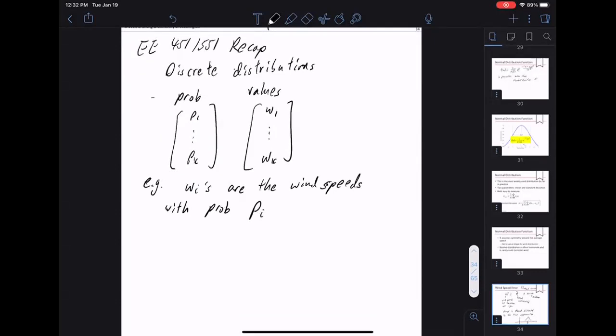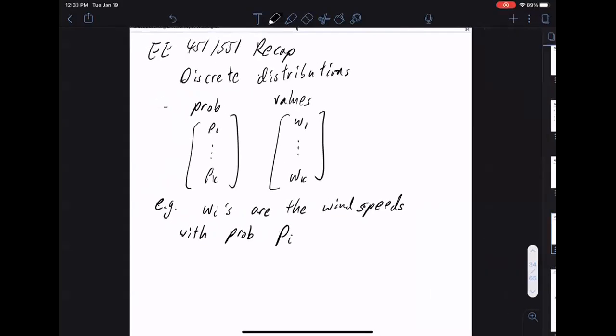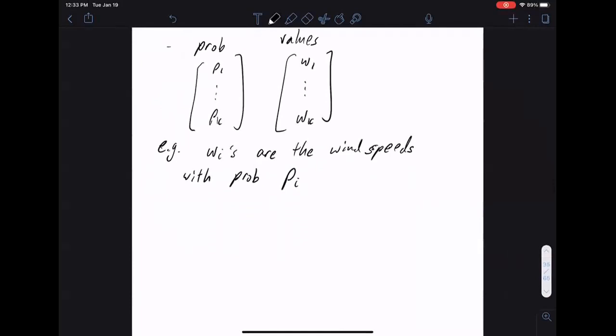So I have some wind speeds, each with a distinct probability. Then a question we can ask is, what is the average wind power? Let's assume we have 100% efficiency. Given these are the possible speeds, what is the possible power? What is the average power we can produce?